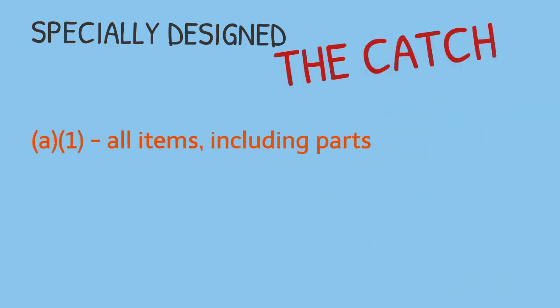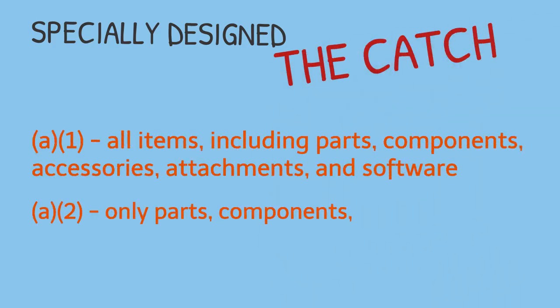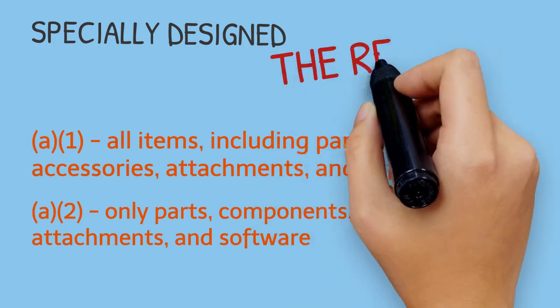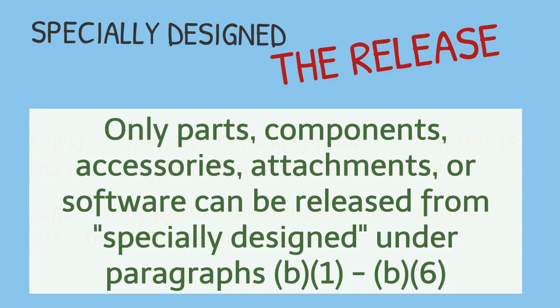And that, my friends, is specially designed. 2 broad catches. The first catch pertains to all items, and the second catch pertains to parts, components, and the like. Only parts, components, accessories, attachments, or software can be released from specially designed under paragraphs B1 through B6.